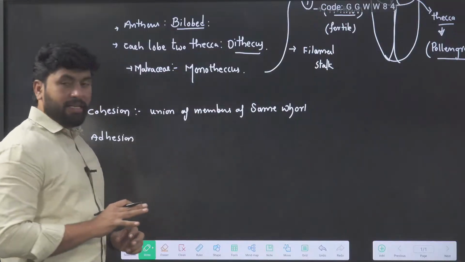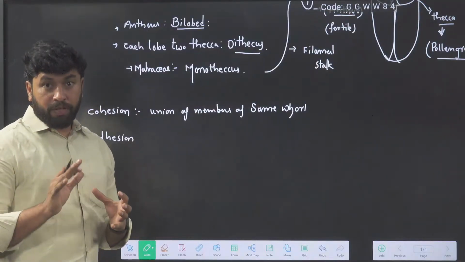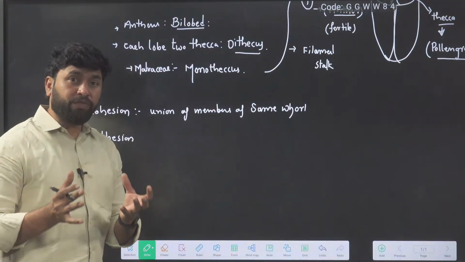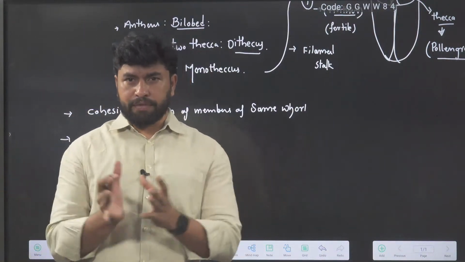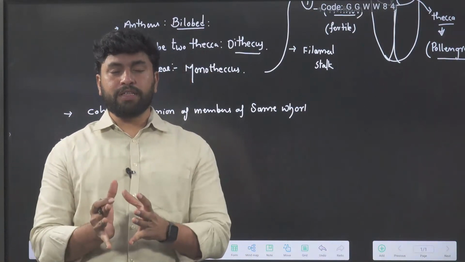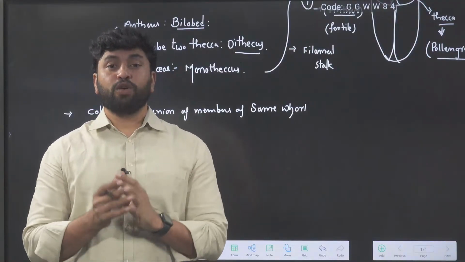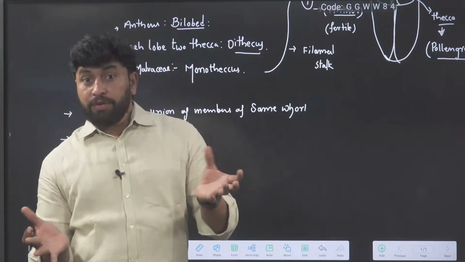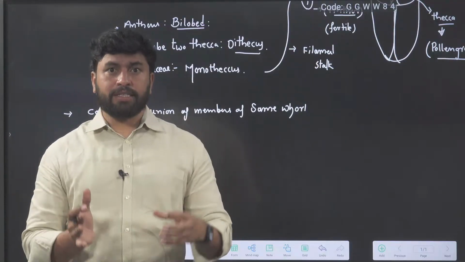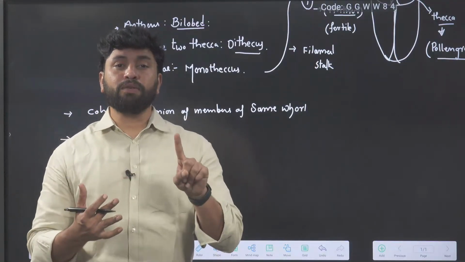We can say they are not fused. If they have fused, all five fused, that condition we call cohesion. If they are free, polypetalous. If they have fused, gamopetalous. Gamopetalous is a type of cohesion.